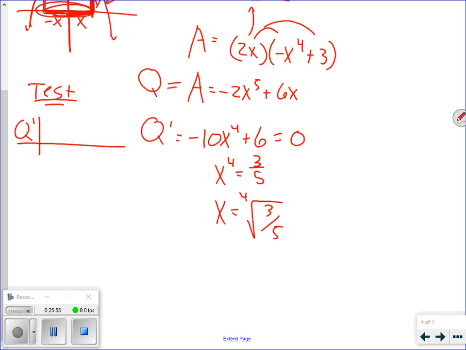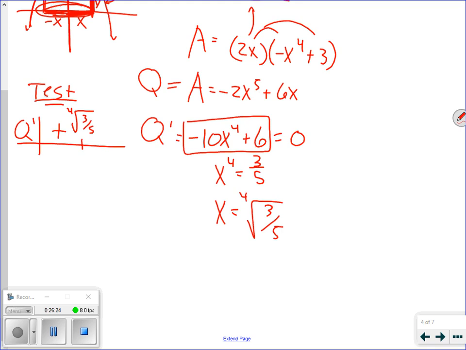So we're going to test Q prime. And we're going to test the point, the fourth root of 3/5, which I would assume is a really small number. If I end up plugging in like 0.1 or 0.01 to test to the left, I end up getting a negative small number plus 6. I believe it's going to be positive. And you can test any point you want in this derivative, but again, I believe it's going to be positive.